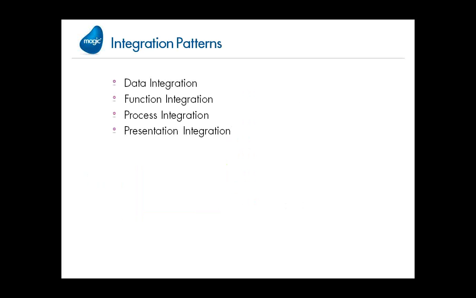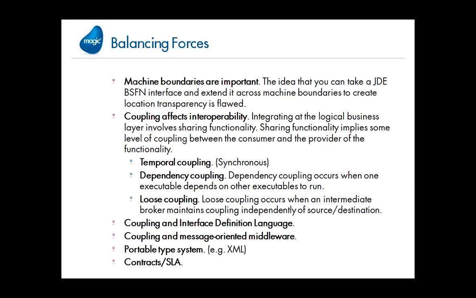Integration best practices require us to look at the type of integration patterns that we're dealing with. Are we talking about data integration, functional integration, process integration, or presentation layer, user layer integration? All of these patterns may be relevant to what we're doing. It's suggested that we need to think of this in terms of balancing forces, that there are machine boundaries that are important. The idea that you can take a J.D. Edwards business function interface and extend it across machine boundaries to create location transparency is flawed.